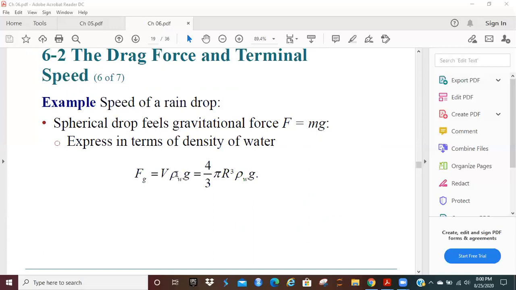So all of this velocity times rho here must be the mass. This is going to be the volume density multiplied by the volume. That will give you the mass. And if it's a spherical raindrop, then this becomes this. So the force of gravity turns into a whole bunch of other terms.